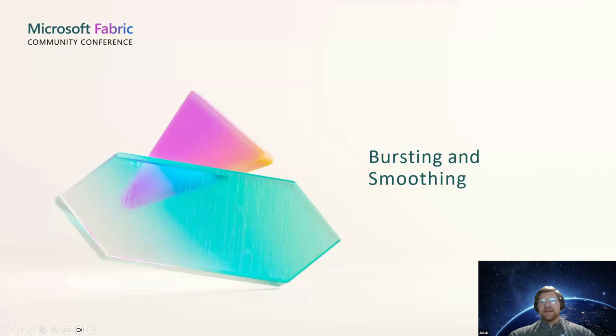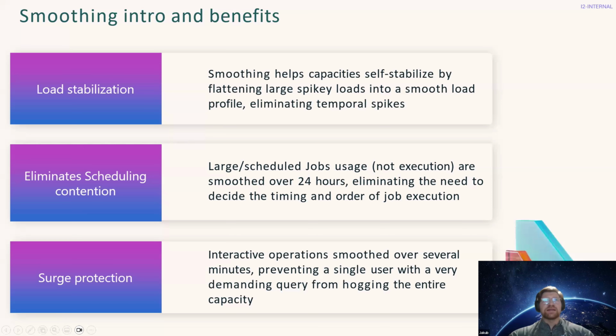Okay, so at the beginning, I wish to mention the two important topics related to usage of Fabric capacity. It is bursting and smoothing, and I think they are pretty useful if you want to use the whole capacity which you have available, because in general you won't use the capacity on average the same for the whole 24 hours.